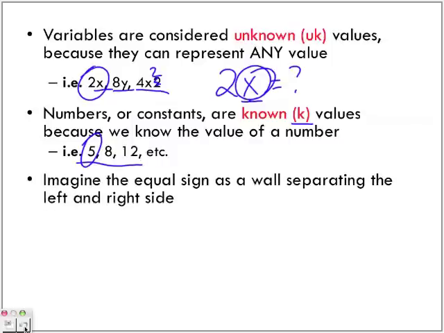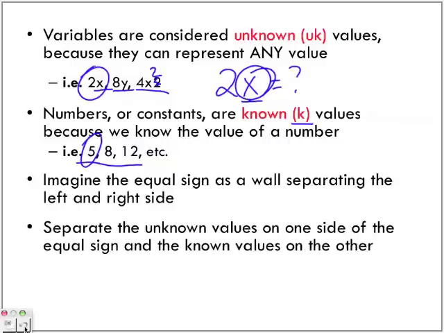So now, when we're solving, one thing you're going to notice is that you will always have an equal sign. Now, imagine the equal sign as a wall separating the left side of the equation from the right side of the equation. So we're going to separate what we call unknown values on one side of the equal sign and the known values on the other. Okay, so just like this.